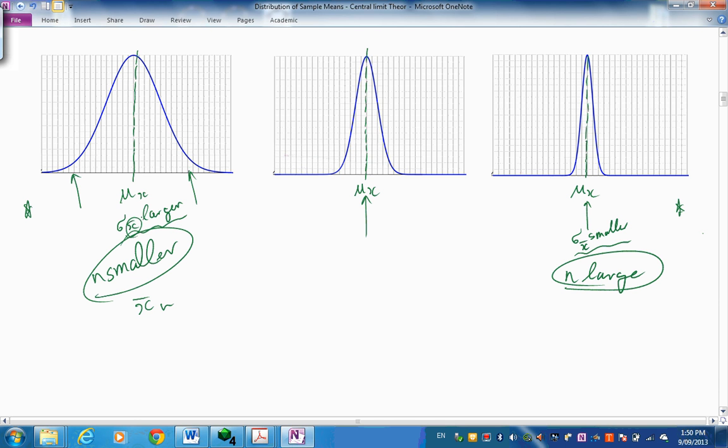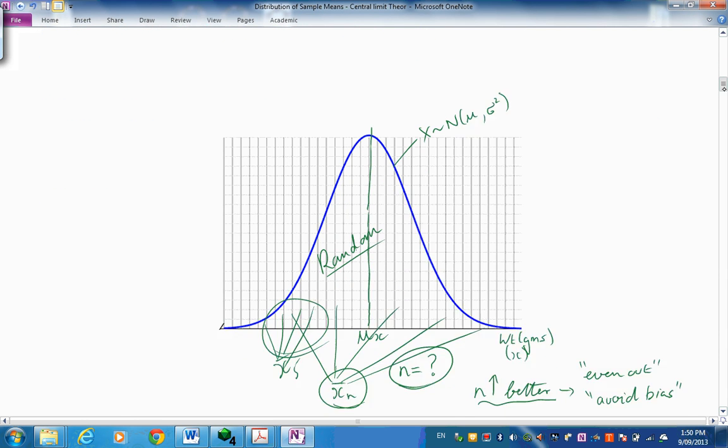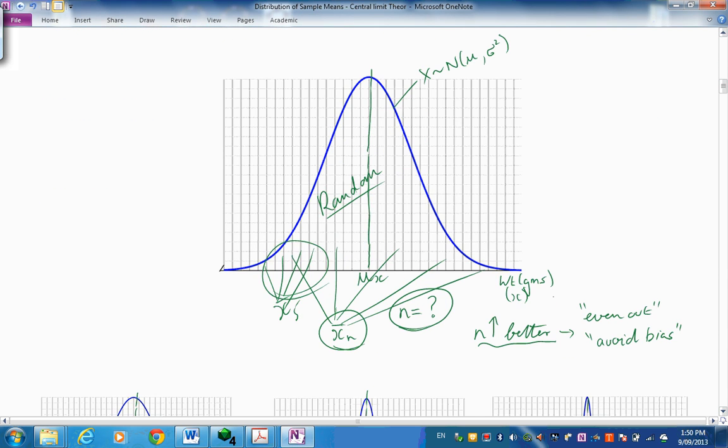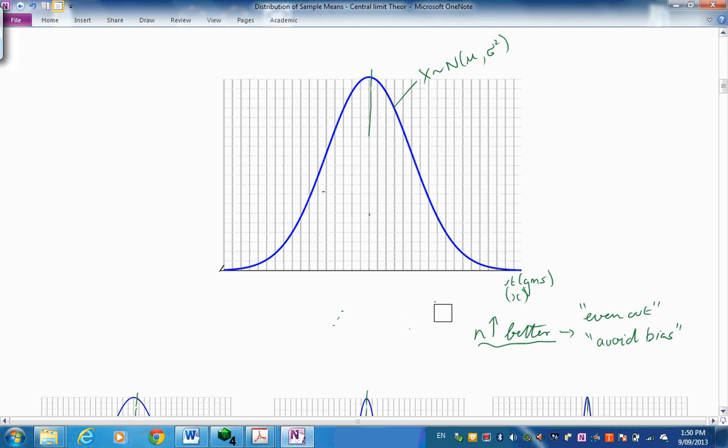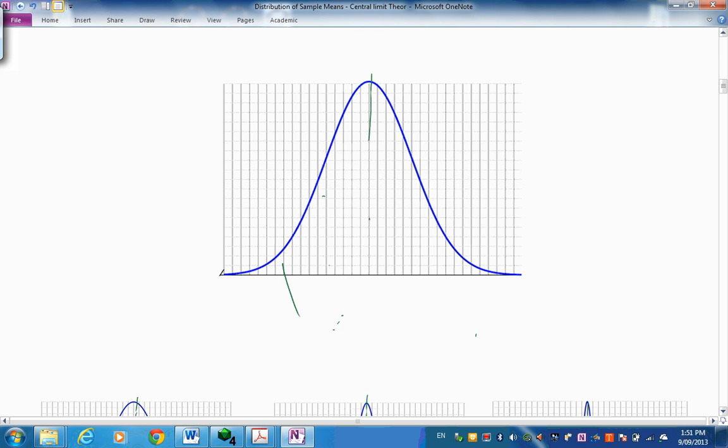Let's go back and just have a look and see if we can see that from this original distribution. So I'm going to do this better now and say, well, if I took 5 at any one time, I could get 2, 3, and by chance I might be over on this side, x bar 5.